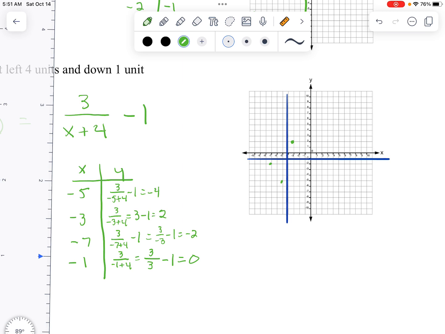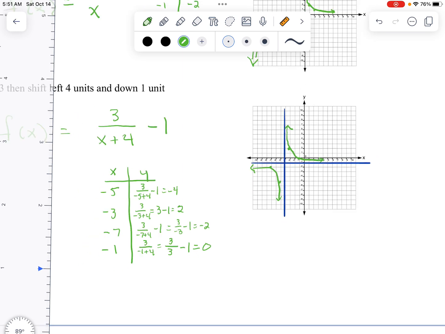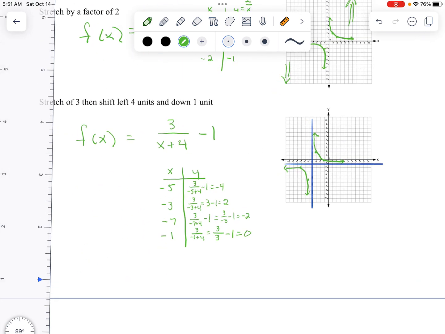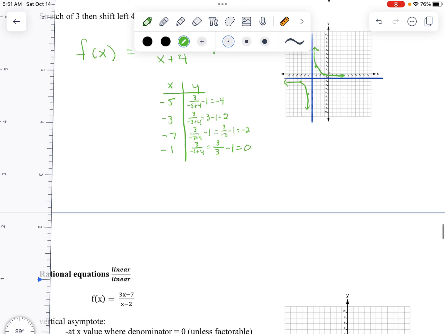So at negative 1, I have 0. And then here's my graph. All right, that's our parent function.